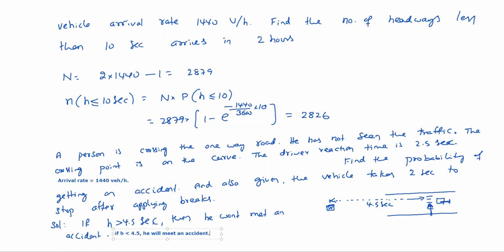So probability equals probability of H less than 4.5. How much is it? Srinivas, what do you get? Lambda is 1440 by 3600, into 4.5 seconds.